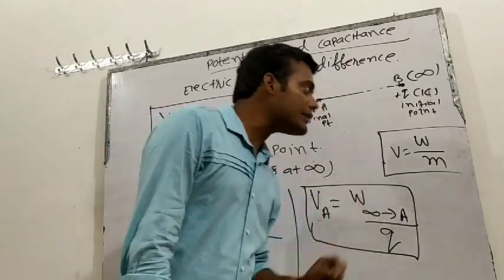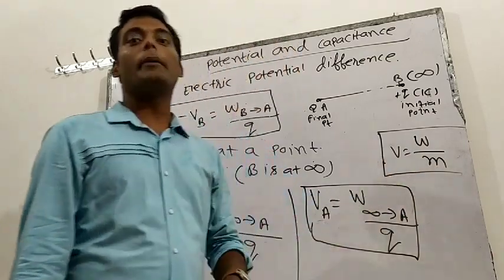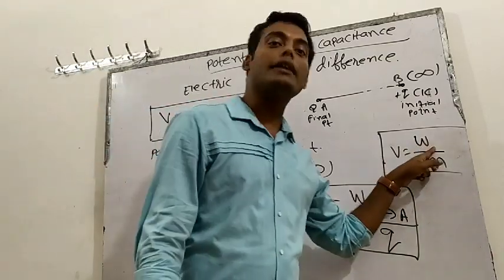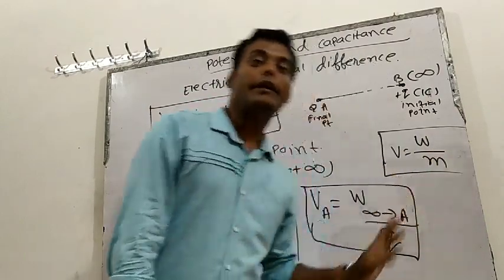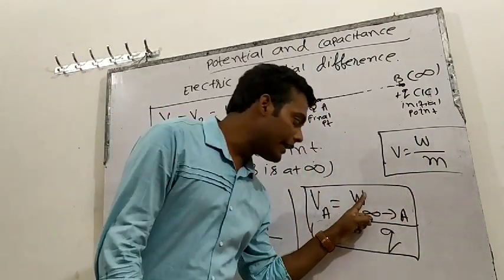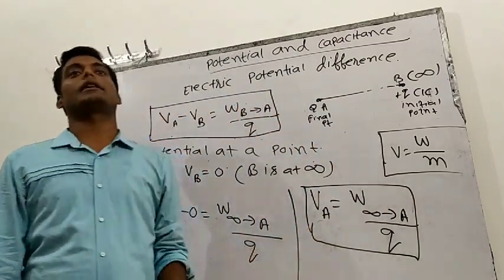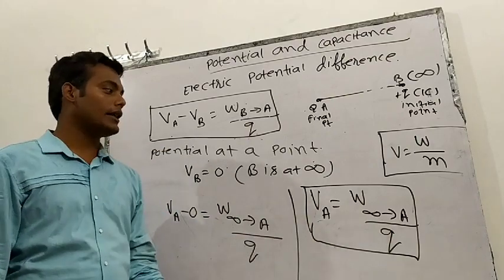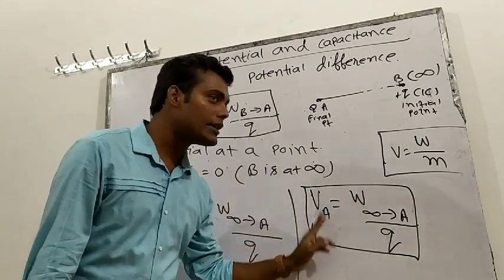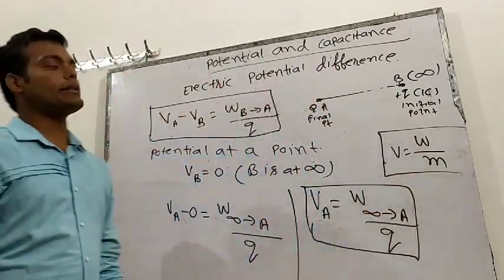Energy per unit mass is known as gravitational potential; work is a form of energy. And energy per unit charge is known as electrostatic potential. So work done per unit charge is known as electrical potential, and work done per unit mass is known as gravitational potential.